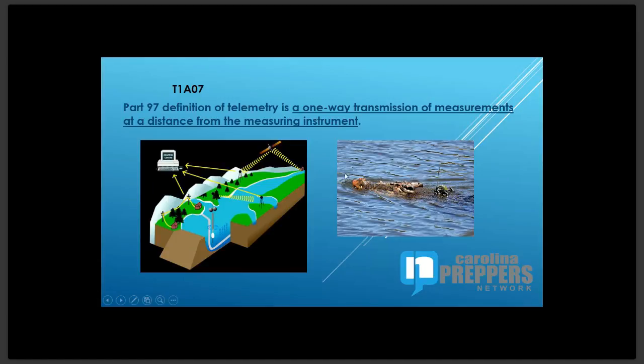Telemetry is able to give us measurements of his mating habits, of his habits during weather and things like that. But primarily, telemetry is used in weather buoys and weather instruments. That would be telemetry as well.